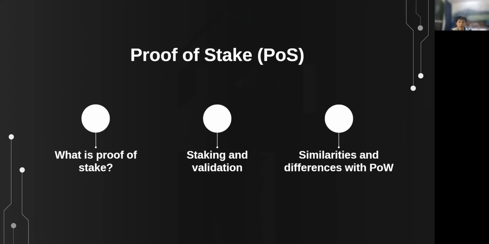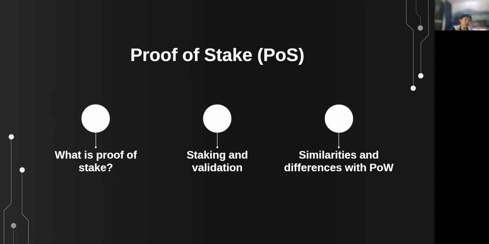Proof of stake is the type of validation protocol adopted by newer generation blockchains. It's a second type of validation process. And now we can talk about how specifically it works.